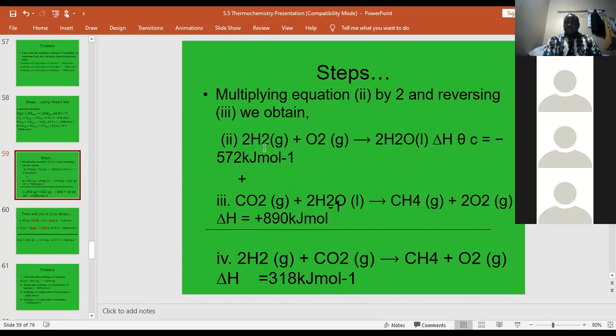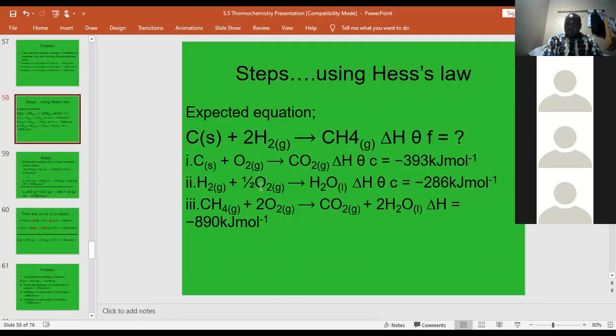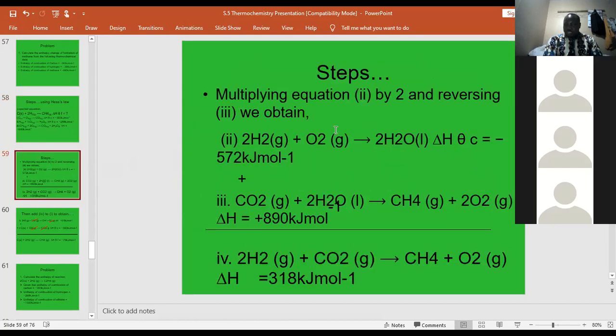So we shall have 2 moles of hydrogen gas. When we multiply this oxygen, a half, by 2, we get 1 molecule of oxygen, which we are seeing here. Then we get 2 moles of water, meaning that even the energy, which was negative 285.5, would also be multiplied.